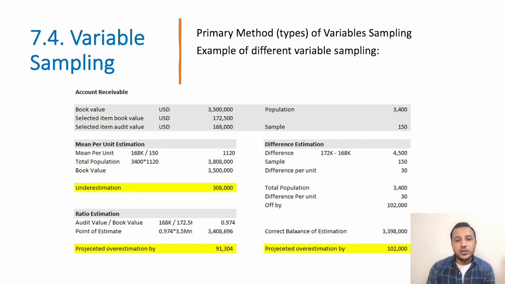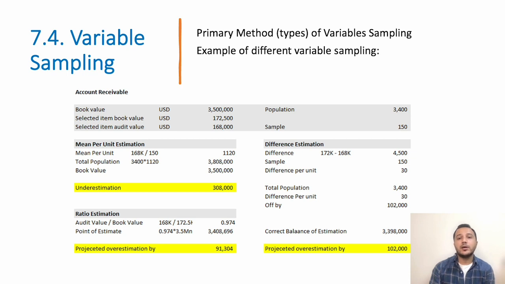Through the difference estimation method, we take 172,000, minus 168, by which we get how much the difference was. 4,500 was the difference in the 150 sample.